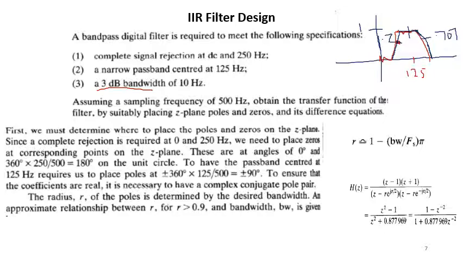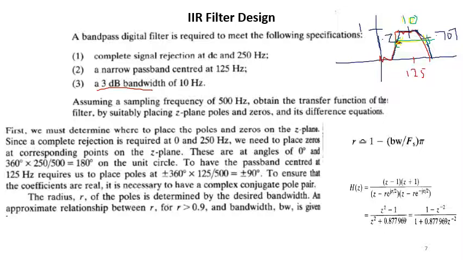So this is the bandwidth, and that's 10 hertz. Maybe it's not clearly visible because I have not selected a good option. Anyway, this is the 10 hertz 3 dB bandwidth.